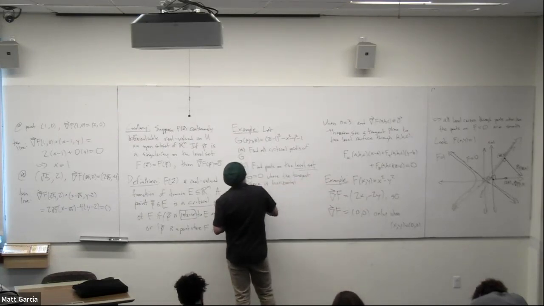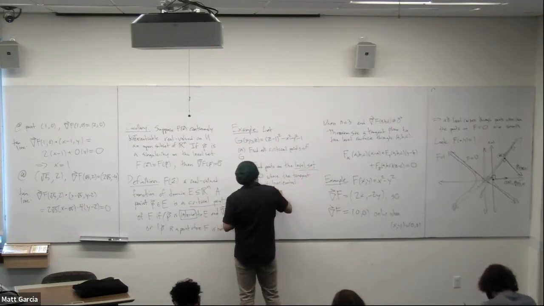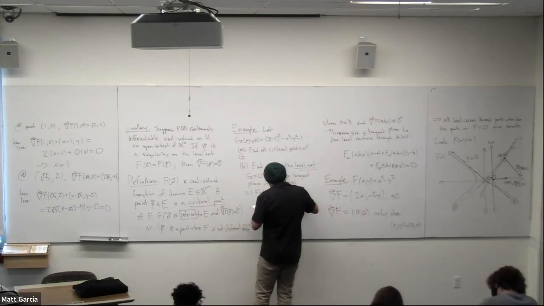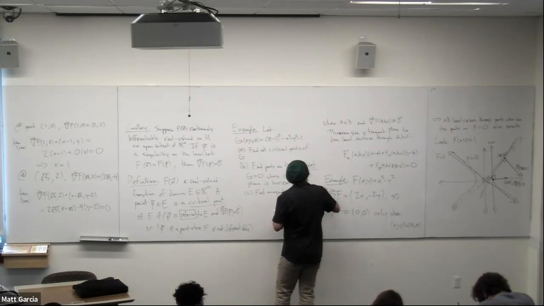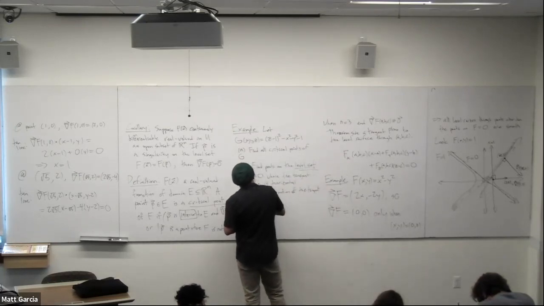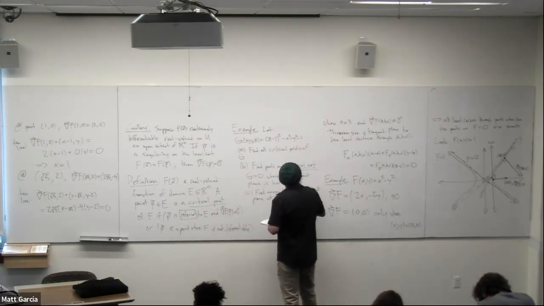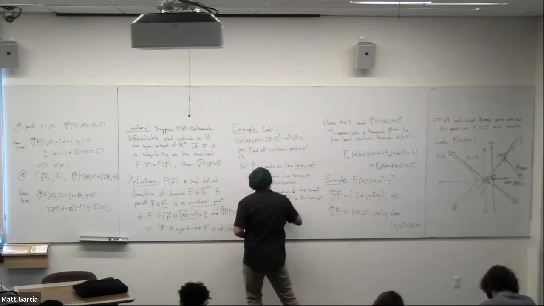And thirdly, part C. Find an equation of the tangent plane at the point 3, 4, 6 to the level set through 3, 4, 6.